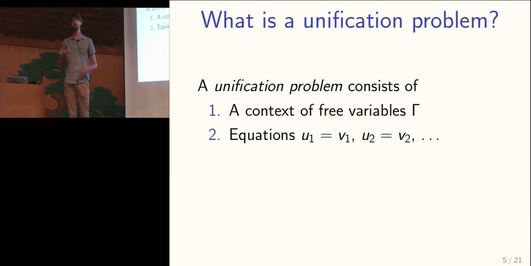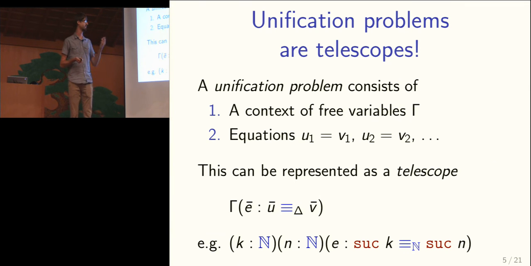Internally in type theory, we can represent this as a telescope containing first these variables in gamma and then the equations. For example, we may have the telescope containing two variables k and n, and then the equation suc k equals suc n. Notice that we have the bar above these u and v, so this means that we can have multiple equations.